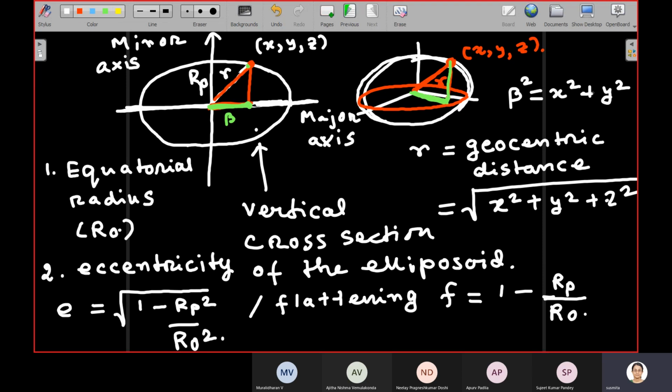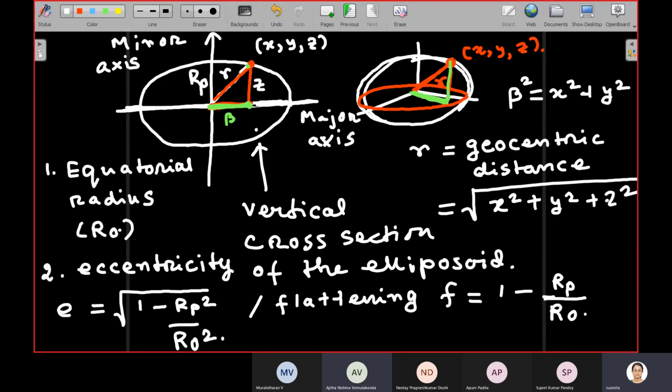What is the ellipse equation? Can you tell me the ellipse equation? I have already given you the variables here, so you need to tell me the equation.